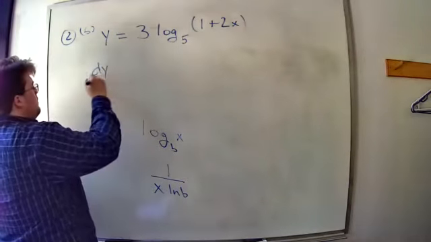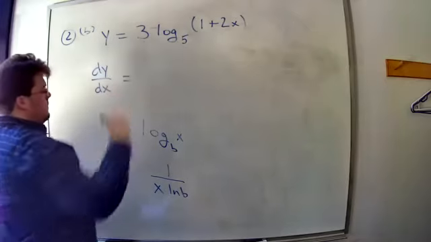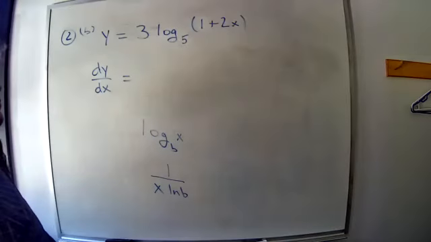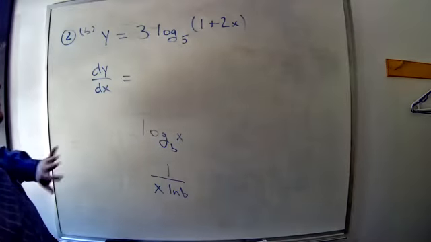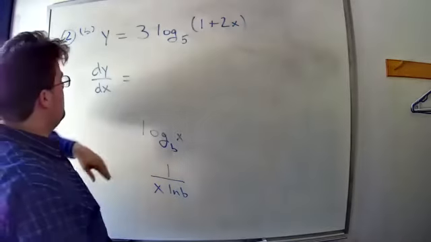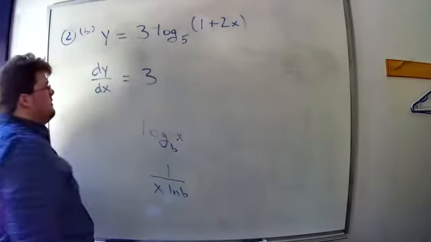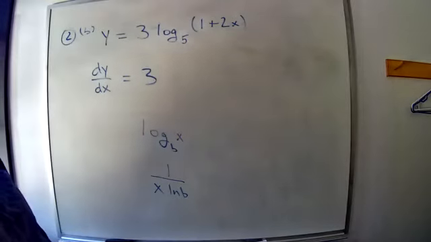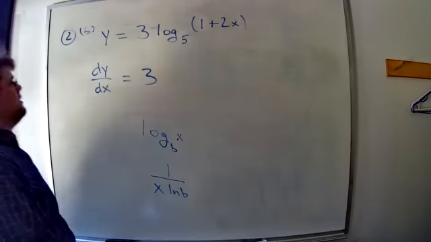So we're going to use this logarithm rule and the chain rule, but first notice there's this 3 out front. So let's just write that 3 there, and then we don't have to think about that 3 anymore.